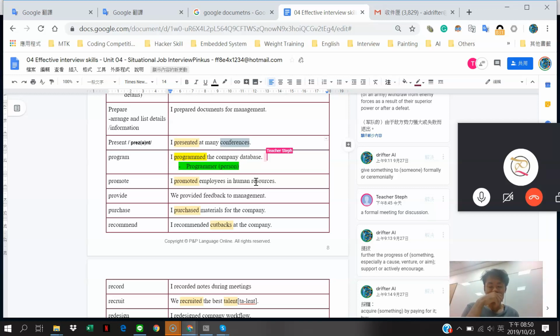Okay. So I program. What do you do when you program something? Is it like programming some code, or does it mean something else?